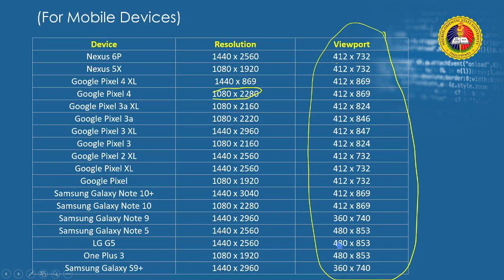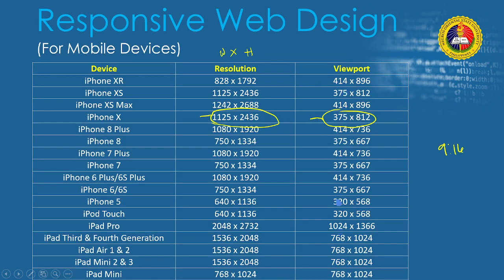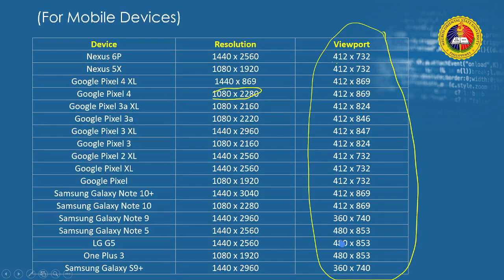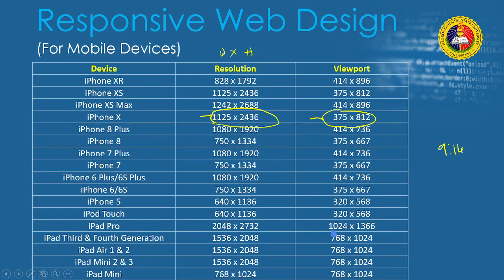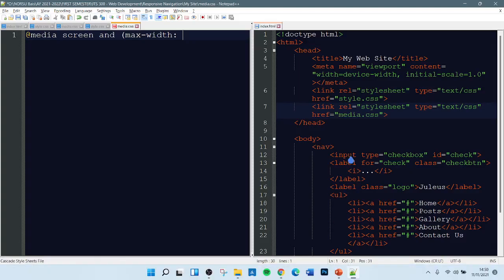For iPhones, the largest viewport is 414. For tablets, it's 768. Alright, it's okay. We're just going to set it to around 768. So meaning 768 and below, all of our code will be applied. So we'll write 768px.